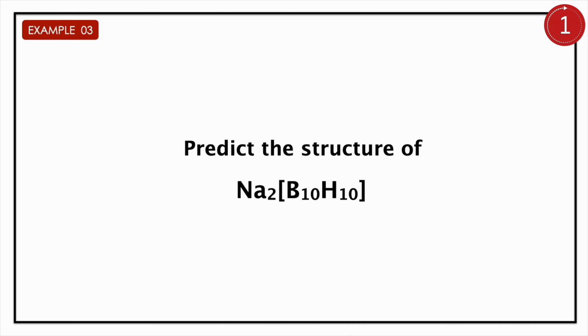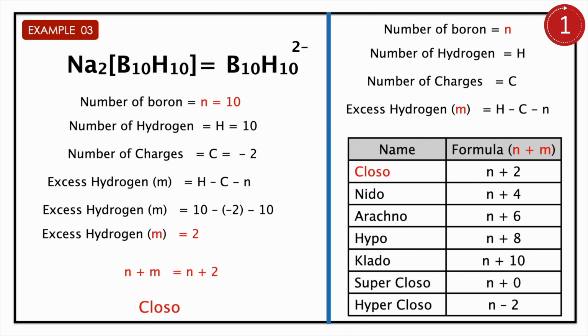Then the next example, predict the structure of Na2B10H10. Don't get confused. Write the system with charges. Na2 is the counter ion, 2 Na plus actually. So B10H10 will be 2 minus. So it is a charged system with a counter ion. So we will go by the basics. Number of borons are 10, so N equals 10.